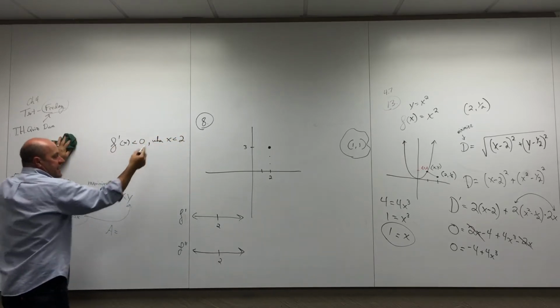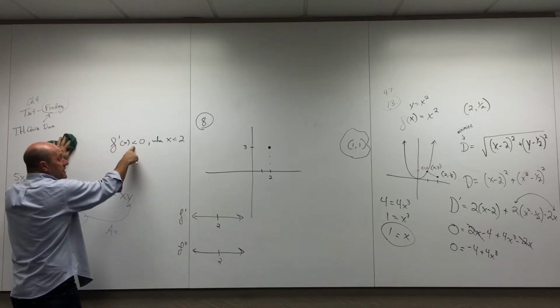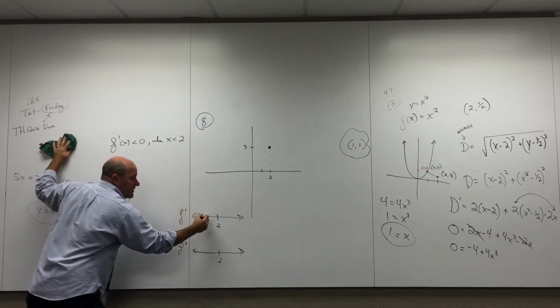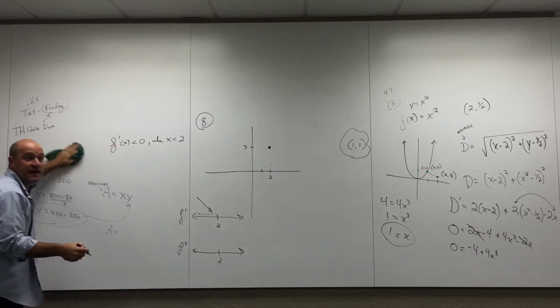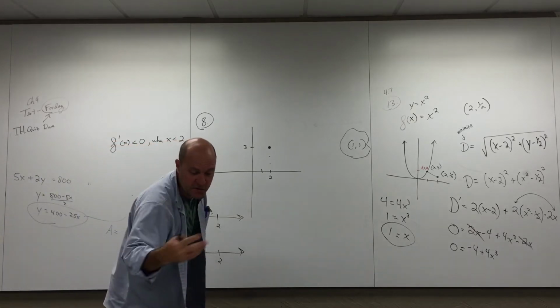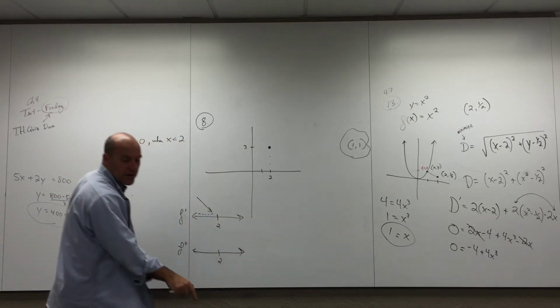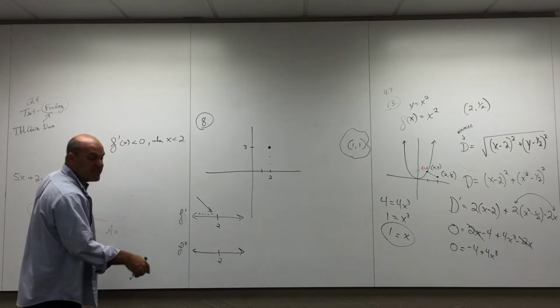So when x is less than 2, the derivative is negative. The first derivative is negative, so it's decreasing. That's what they just said. And then the next line says when x is greater than 2, the derivative is still negative.